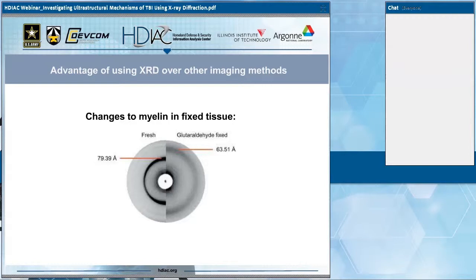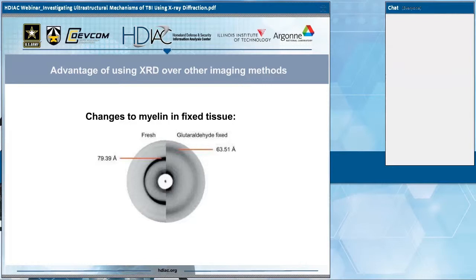What happens when you do attempt to artificially maintain the tissue in the state it was in before it was extracted? On the left of this composite X-ray diffraction picture is fresh tissue. Fresh is a subjective term, but what we mean here is it's not fixed, it's maintained hydrated, in high humidity in the air environment. On the right is a glutaraldehyde fixed representation. The 80 angstrom reflection shown there, the second order of the myelin diffraction, is altered to around 63.5 angstroms because the sample has become dehydrated in the fixation.